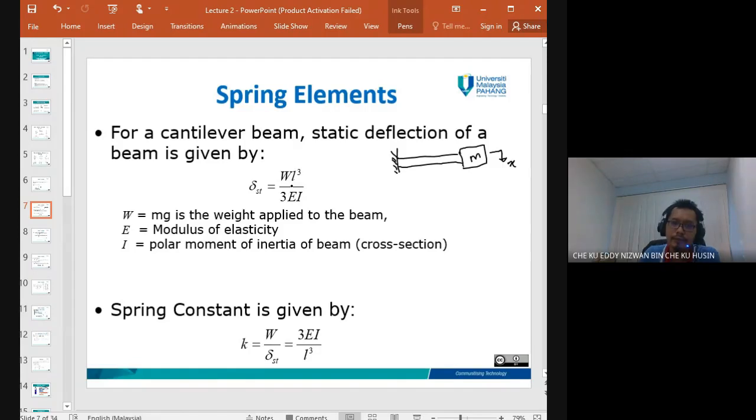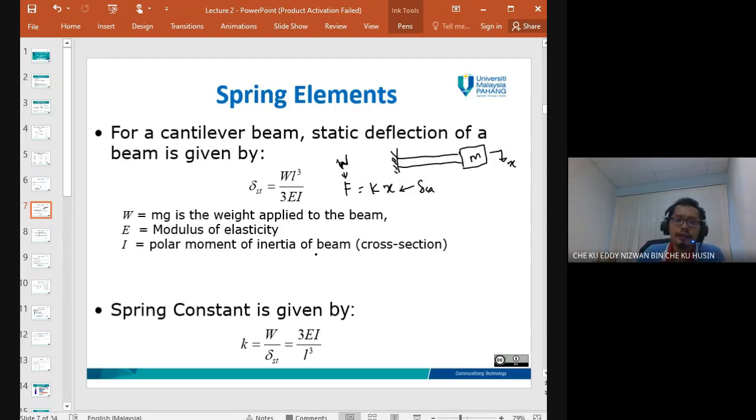As we know, F equals Kx, then x is equivalent to the static deflection. So the applied F is equal to the weight, and x is the static deflection.